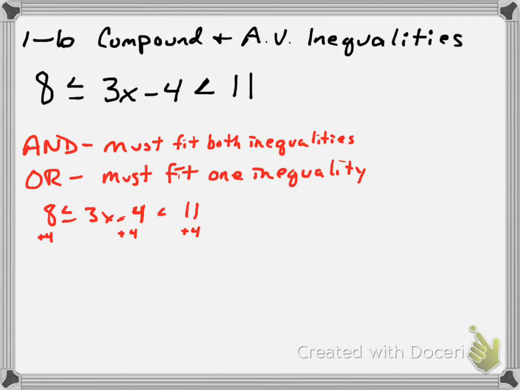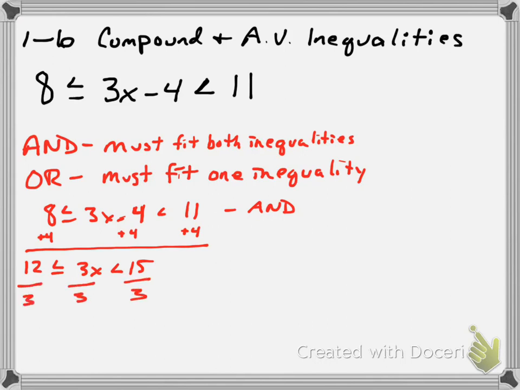Kind of fun. When you do that, you get 12 is less than or equal to 3x, which is less than 15. Then, to get the x by itself, you would divide by 3, and again, all sections must be divided by 3. So you end up with that.